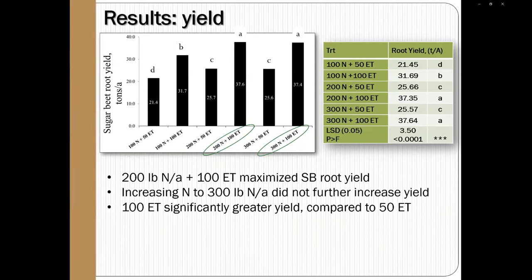We also found that 100% water significantly increased sugar beet yield compared to 50% applied water, which is not surprising. The next step is now to evaluate different water rates in the future.